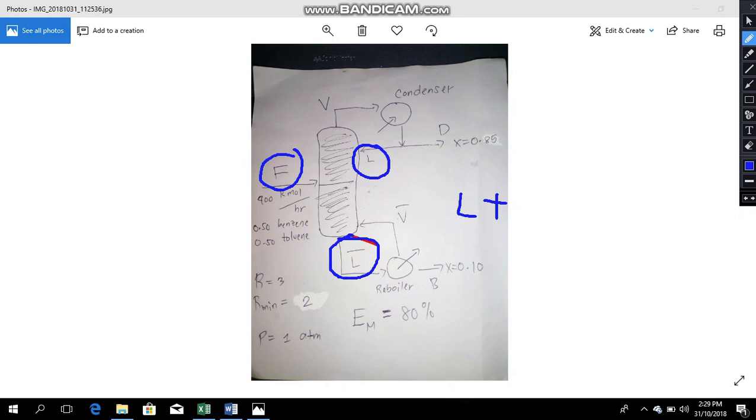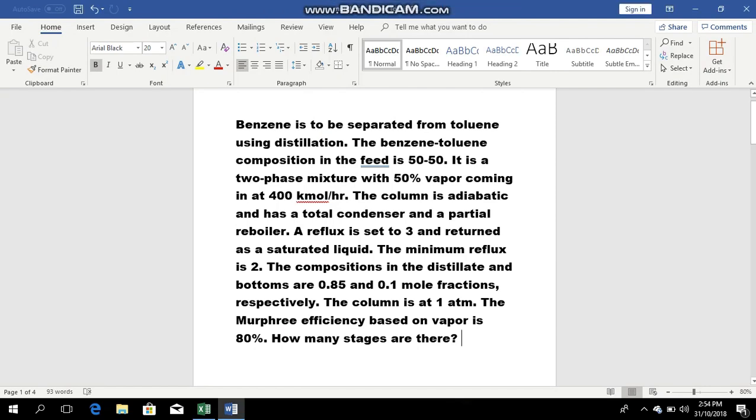So the liquid part of our feed is 0.5 F. It is stated in our problem that the feed is 50% vapor, and it's also said here that the mixture is two-phase.